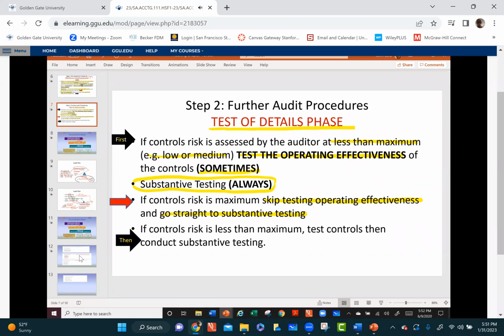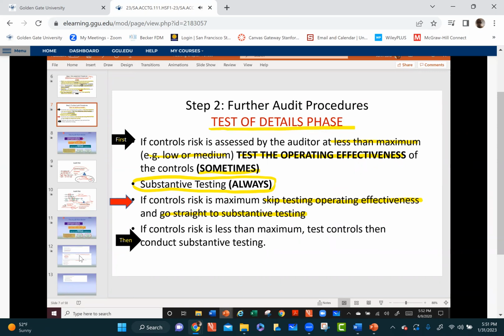Remember that if I do a walkthrough of 1 day, then I would only have to look at 49 more days' worth of transactions to see that there was some sort of sign off, whatever it is I'm looking for in that control. And then I still have to do some level of substantive testing. You always do some level of substantive testing. So for nature, now I could probably use internal evidence for my substantive test instead of external.